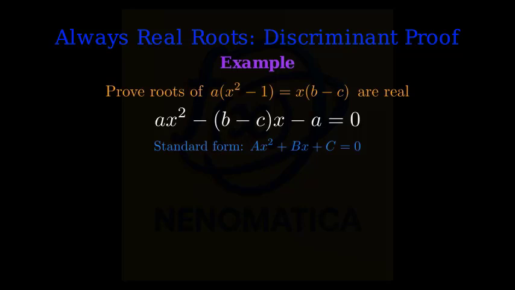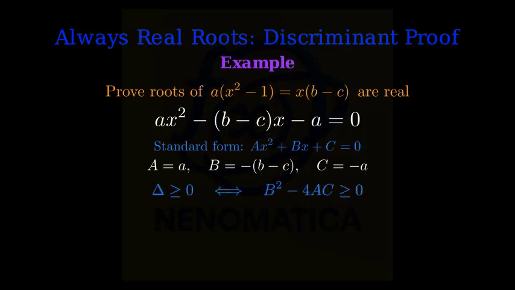Step 2. Identify the coefficients and write the discriminant condition for real roots. Here a = a, b = −(b − c), and c = −a. For a quadratic to have real roots, its discriminant delta must be greater than or equal to 0. That is b² − 4ac ≥ 0.